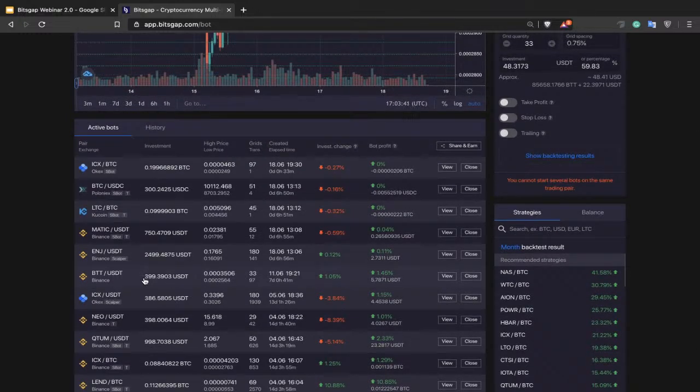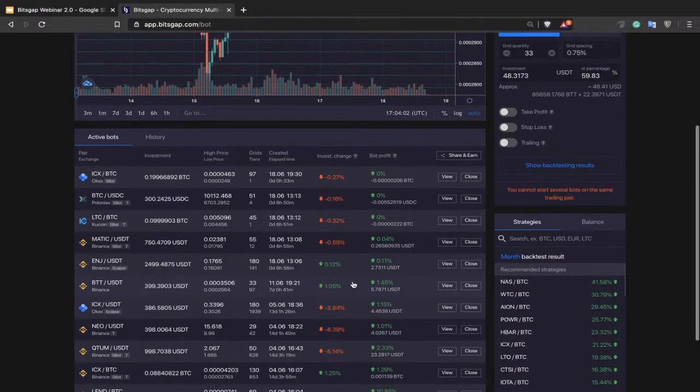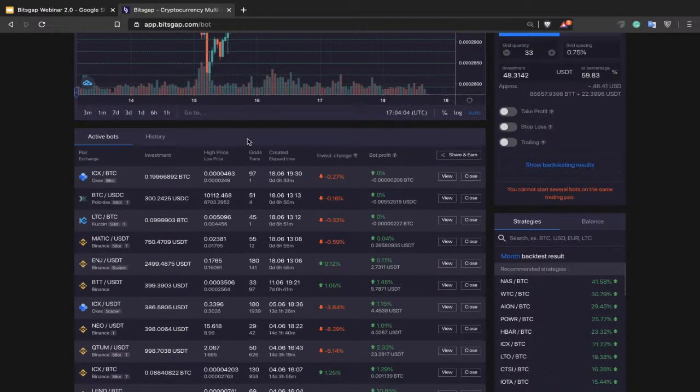But I don't have my take profit here at BTT, so it has moved even higher. It's now 1.05%. But if I had my take profit on in BTT, in this active bot, the bot would already close it automatically and it would lock in the profit.